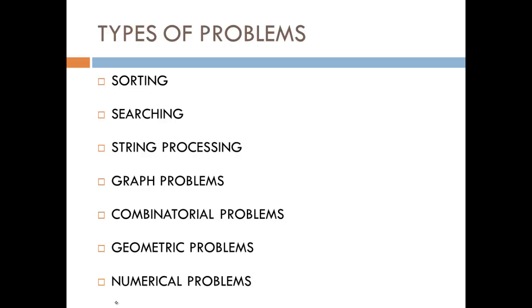But in general, we have these different problem types. Sorting is basically taking a sequence of elements and rearranging them so that they are in ascending order. Searching is you're given a set of numbers, let's say, or a set of data, and you're trying to search for one element in this data.